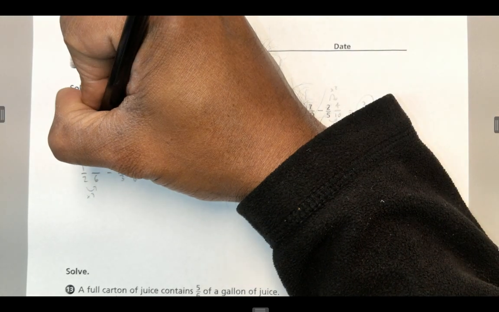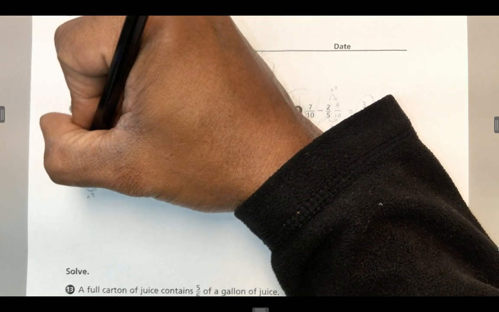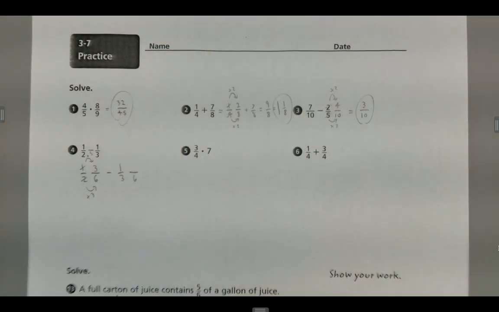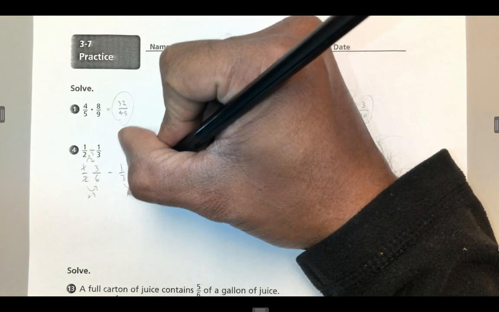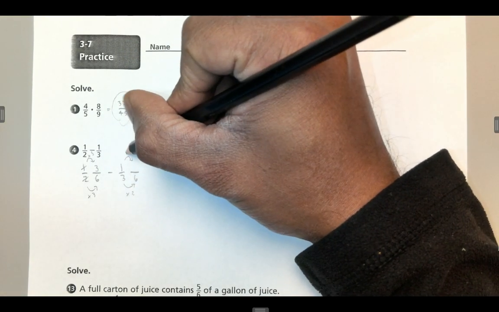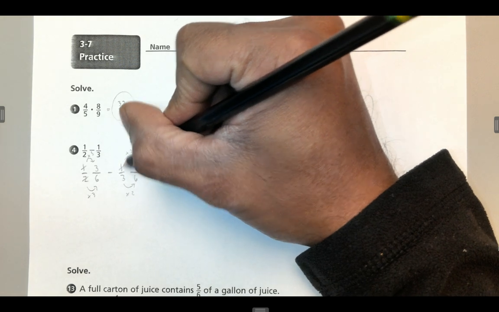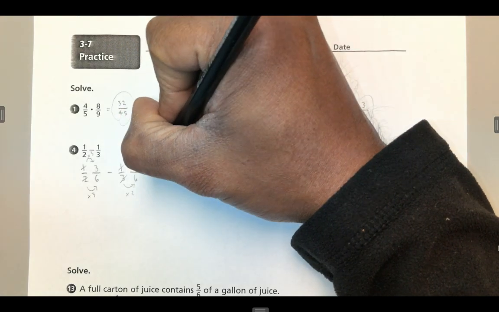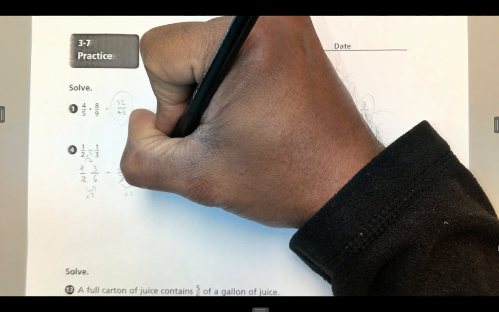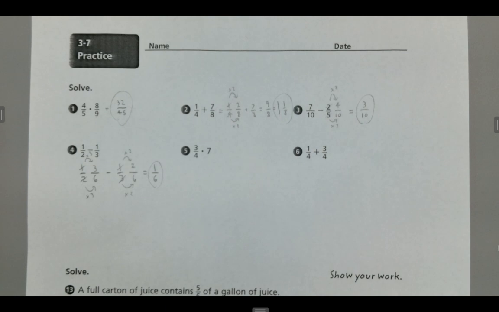Do the same up top. 1/2 becomes 3/6. For 1/3, if I multiply the bottom by 2, I must do the same to the top. 1/3 gets rewritten as 2/6. 3/6 minus 2/6. Once the denominators match, just let the numerators do the work. 3 minus 2 is 1. 1/6 is your final answer.